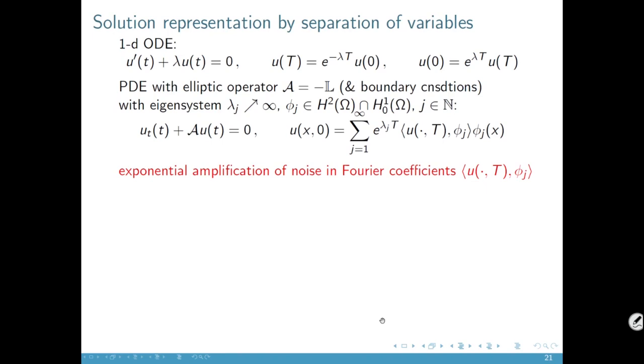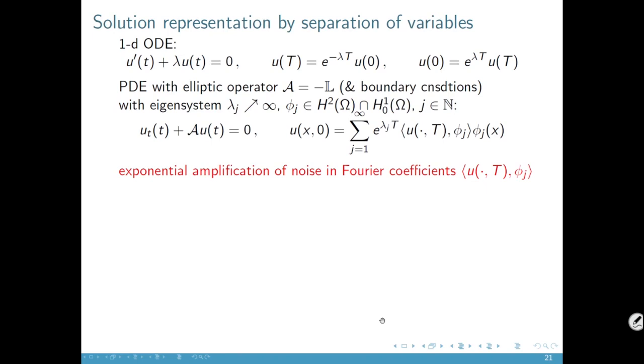And if you do so in the PDE, meaning that we decompose our elliptic operator plus boundary conditions according to its eigensystem. That's why I wanted to have a symmetric one, just for showing, but of course you know much better than me how to deal with the non-symmetric case. Here we just have an eigensystem with real eigenvalues tending to infinity and corresponding eigenfunctions. And then, as up here, we have a representation of the searched-for initial data in terms of the final data.